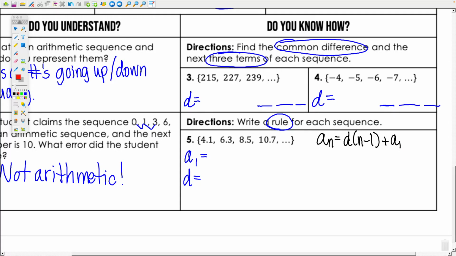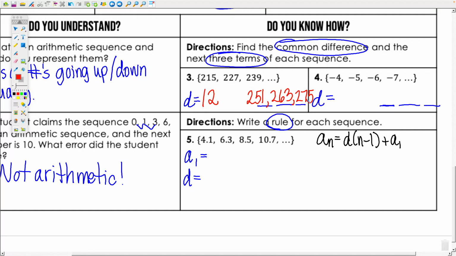It is going up 12? Yes, okay. So my common difference is 12. I don't want to mess up on this. That means my next 3 numbers are 251, 263, and 275. Correct me if I'm wrong.